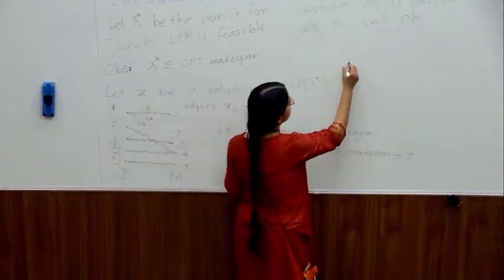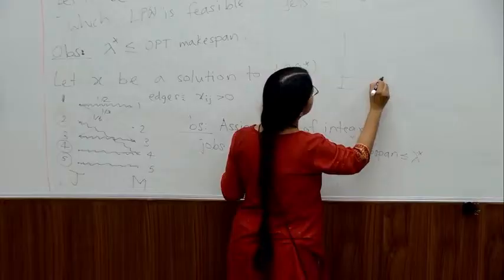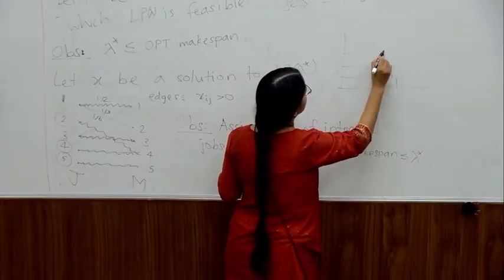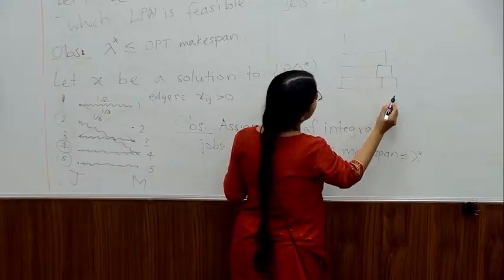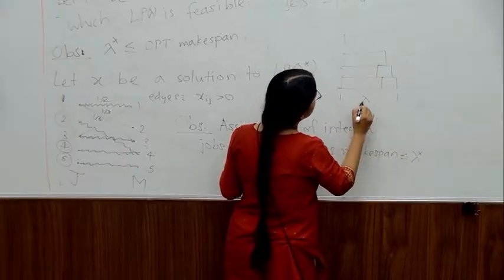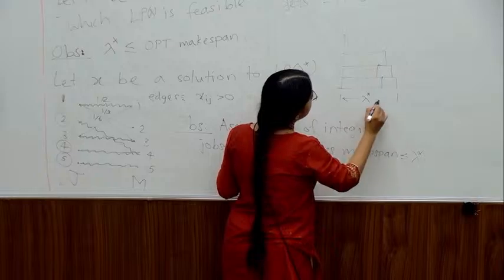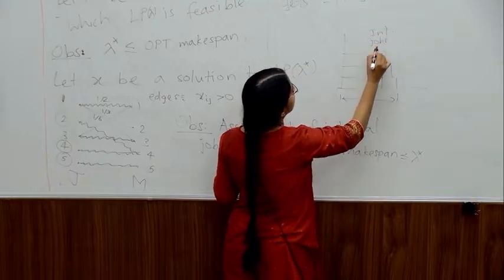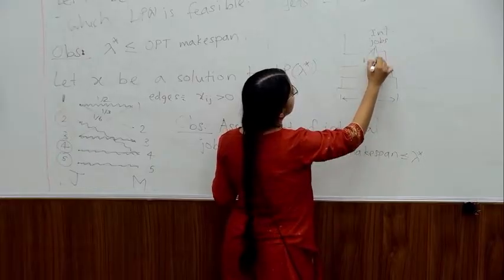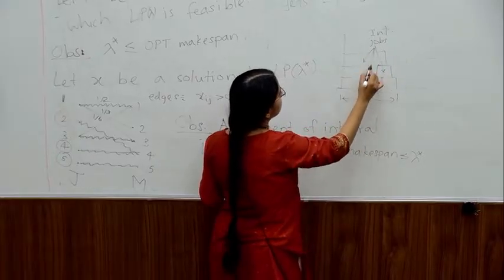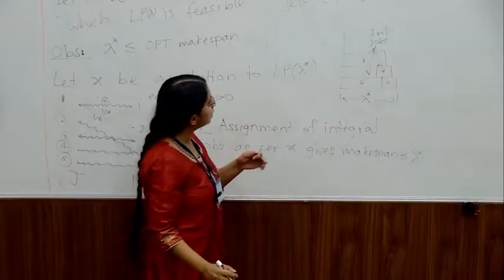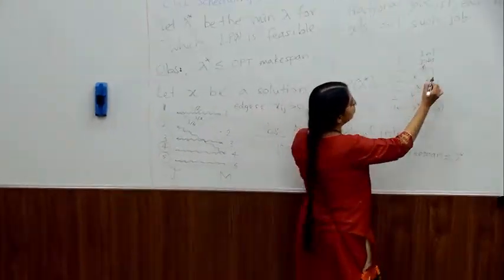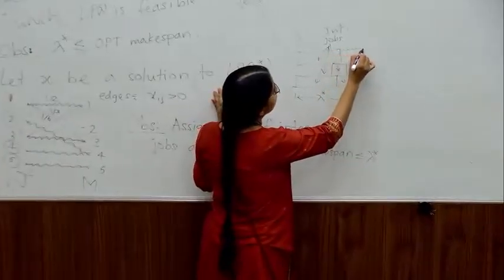If we look at our graph of jobs versus machines, these are the integrally assigned jobs, and so on. This makespan is only lambda star. It consists of only integral jobs. Now we are hoping for this property that every machine will get at most one fractional job rounded to it.